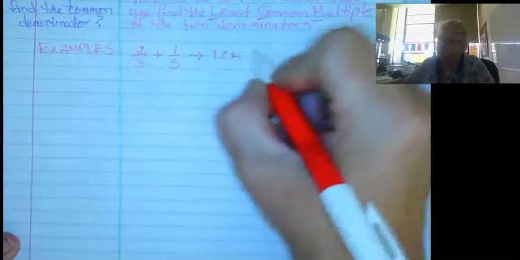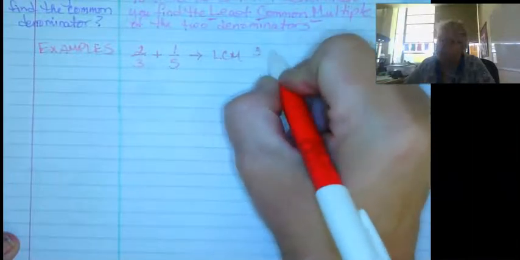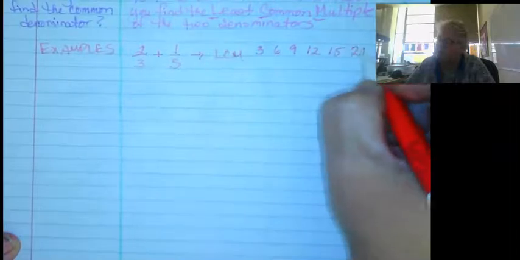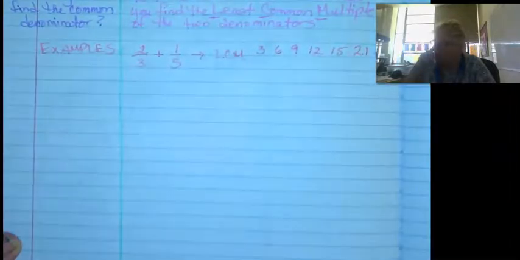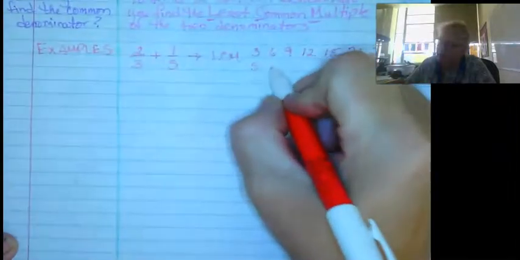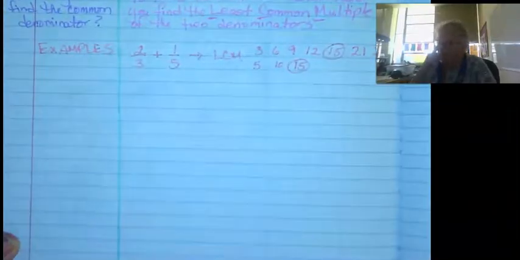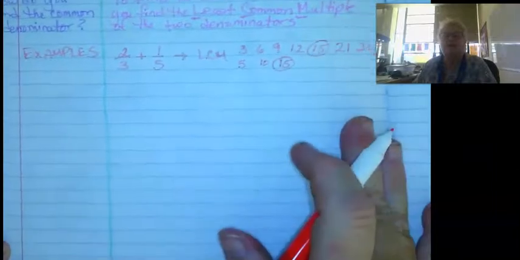We need to find the LCM. So that means we skip count. 3, 6, 9, 12, 15, 18, 21, 24, and so on. And then 5, 10, 15. Ooh, look, 15. Right there. That's our least common multiple.